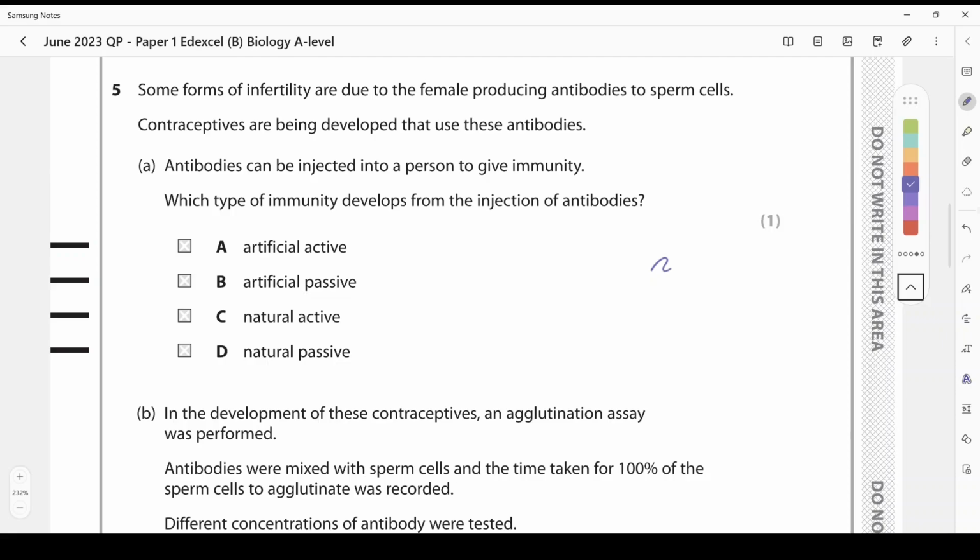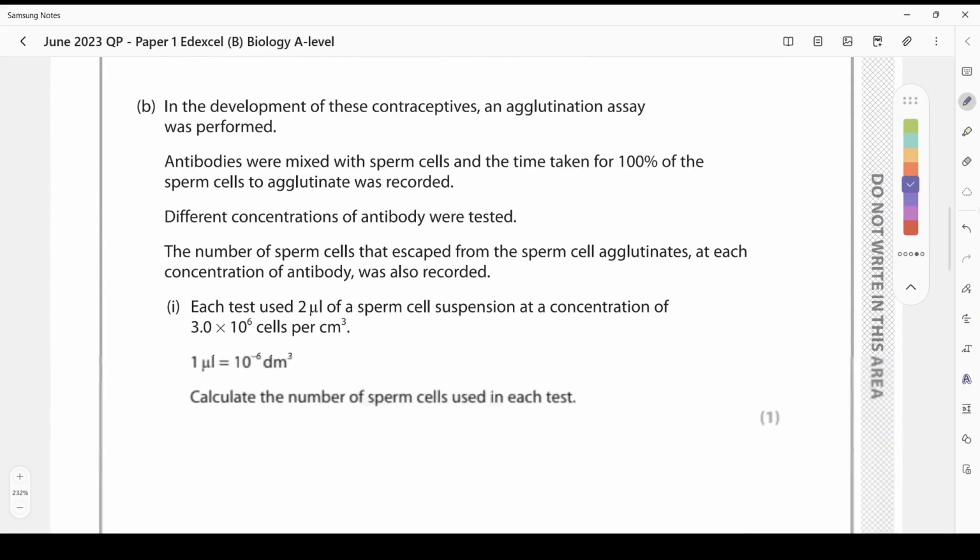Because we're injecting it and not developing the antibodies ourselves, that would be passive. And because these antibodies are being developed by companies, it is artificial. So this would be B, artificial passive.